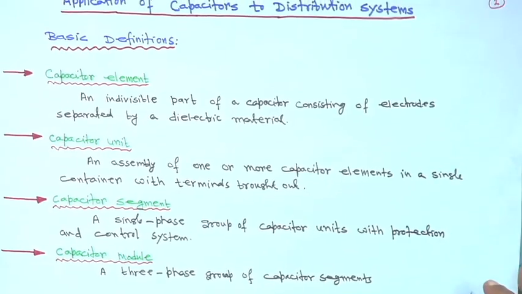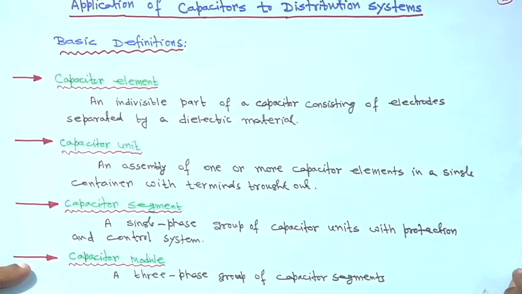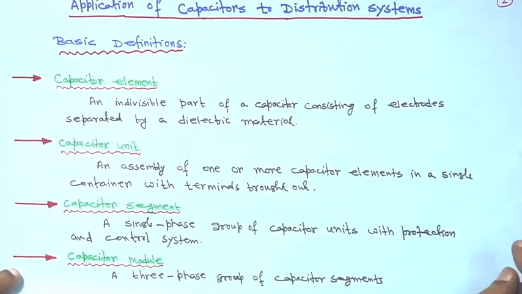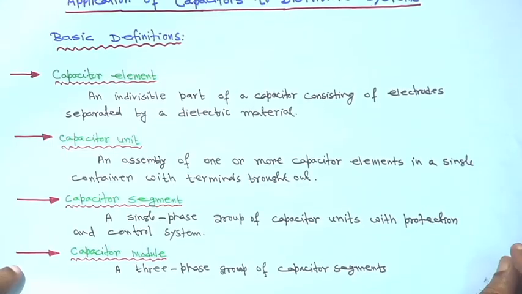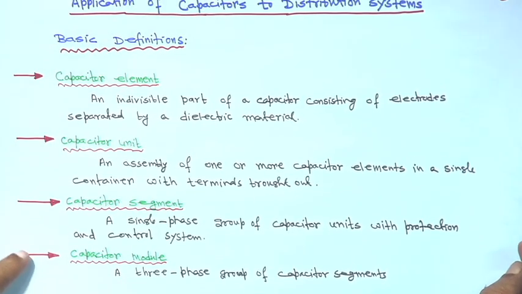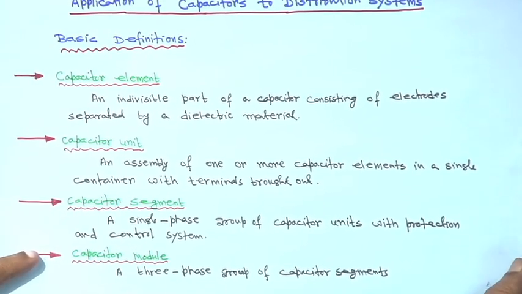Now, in this course we will only talk about the application of capacitors in distribution systems, particularly from the point of view of how to incorporate them in load flow studies, what the voltage magnitude will be, and what the power loss will be.